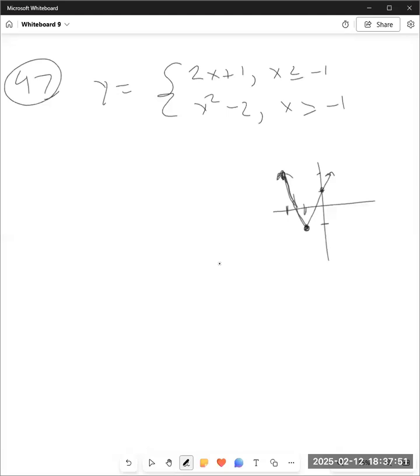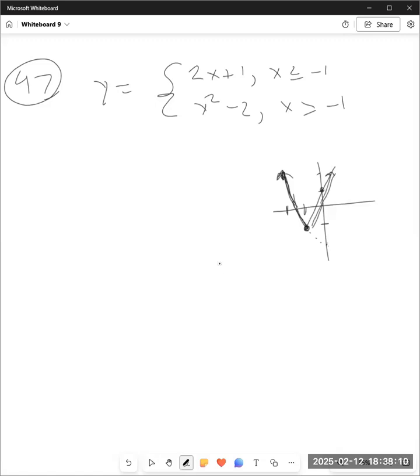Its vertex was at 0, -2, so its vertex is down here somewhere. And this is always decreasing, and then this is always increasing.